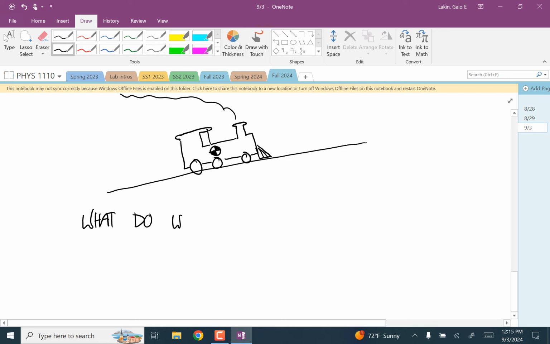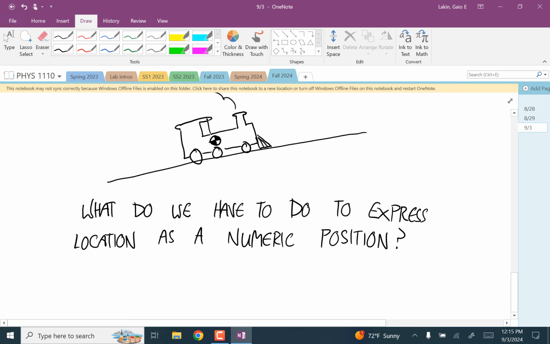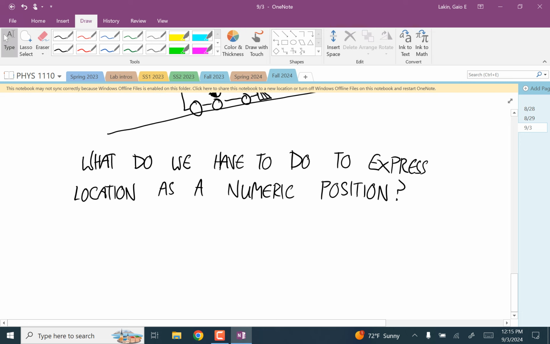So what do we have to do to express this location as a numeric position? Well, we have to do two things.